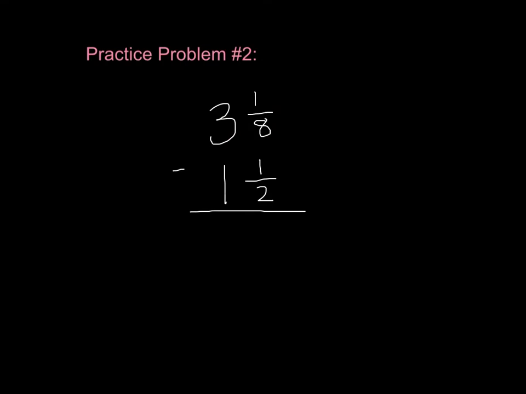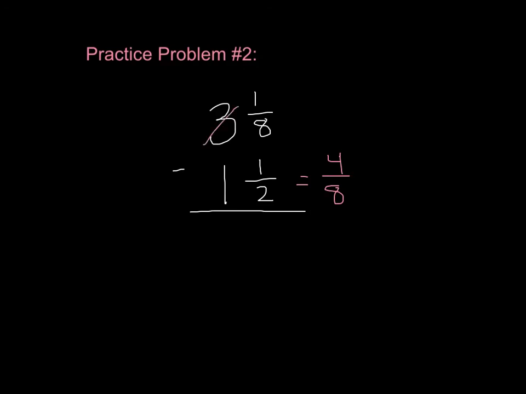Practice problem number 2. Please pause. In this problem, I'm going to make my equivalent fraction be a number that's over 8 because 8 is going to be my common denominator. 2 times 4 is 8, and 1 times 4 is 4. Now, I'm noticing that I need to redistribute my top number because I can't do 1/8 subtract 4/8.